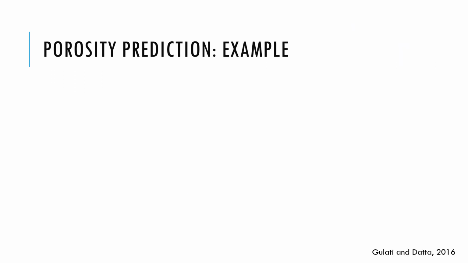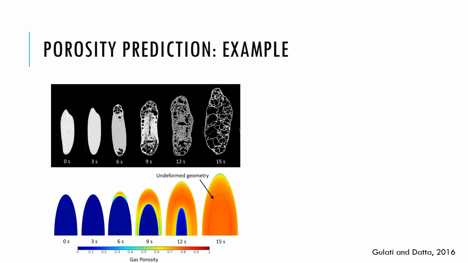So here we show porosity prediction from the model, the physics that combines transport with deformation, and here are the experimental results. So this is the rice grain changing with time this way at different times.